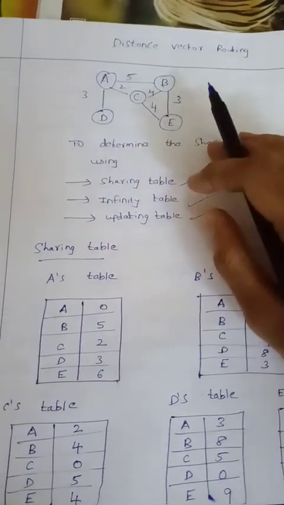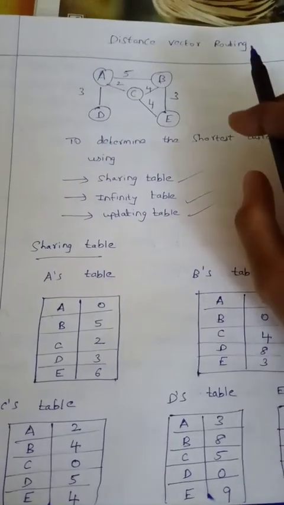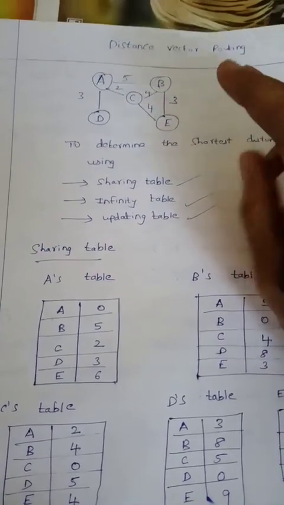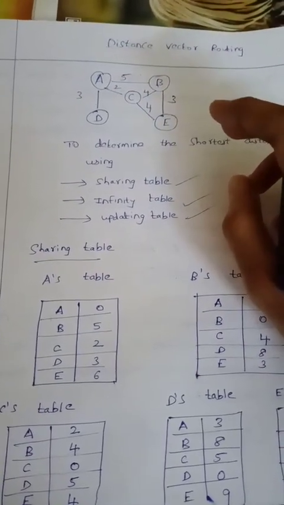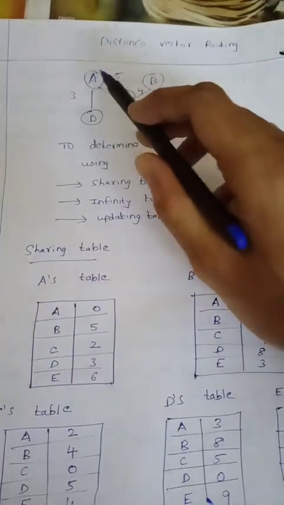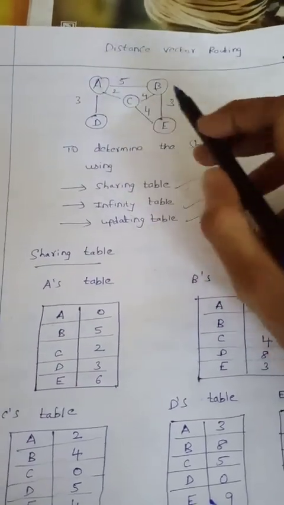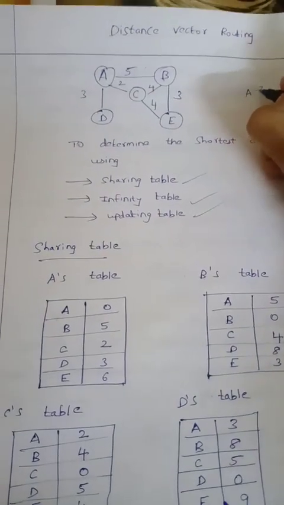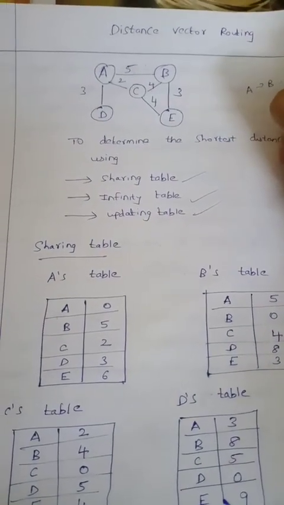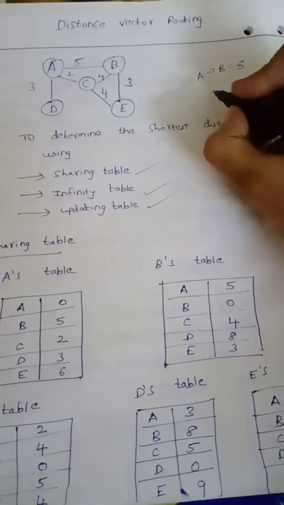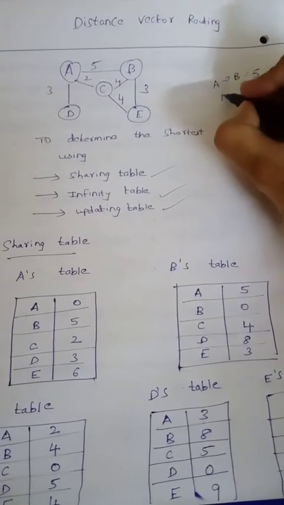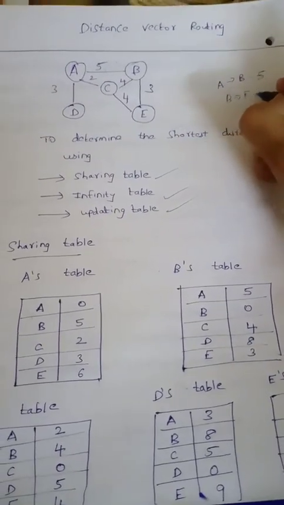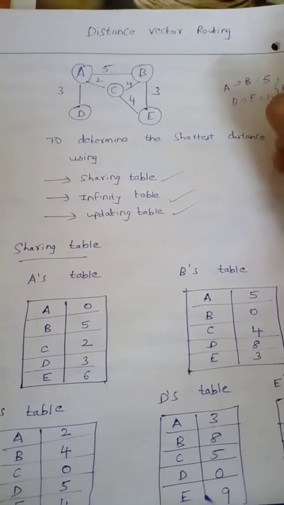Now A to E. Here there is no direct path, so I have to check the two pathways to reach the destination. The first is A to B equal to 5 and B to E equal to 3, so totally 8.